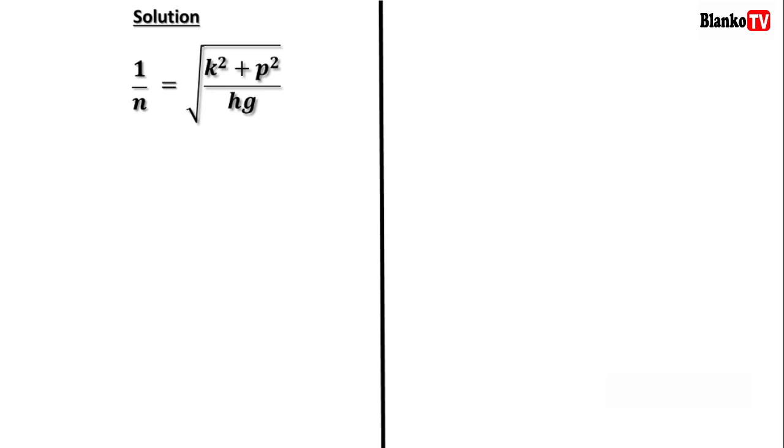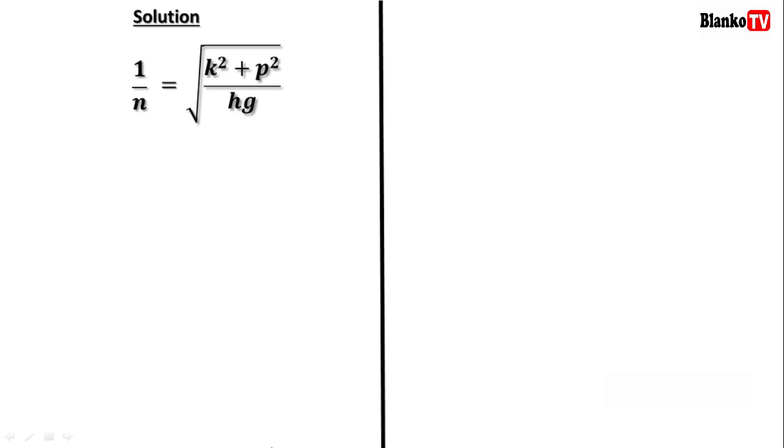What we do first is square the left hand side and the right hand side to remove the square root on the right hand side.